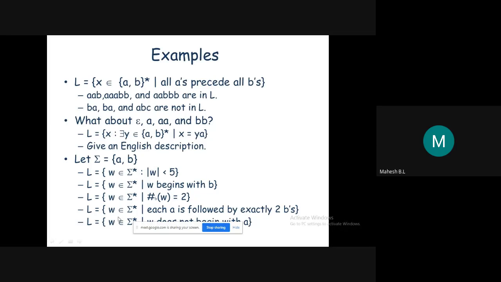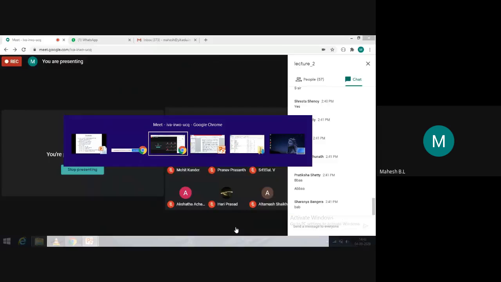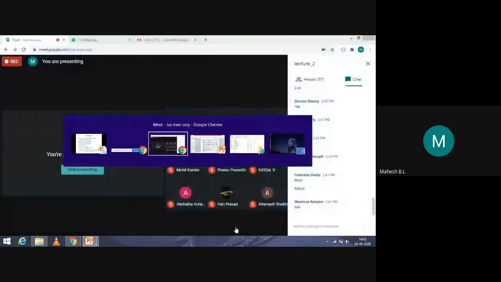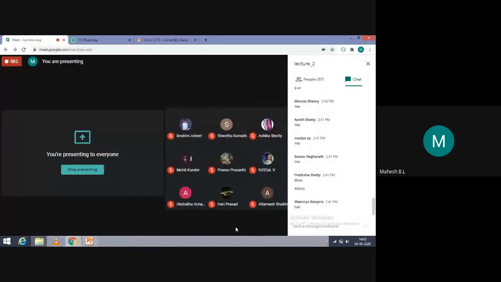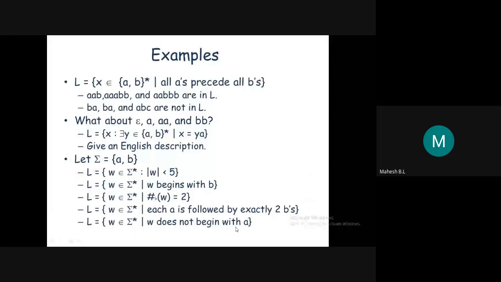Next one, L is equal to W belongs to sigma star, each A is followed by exactly two B's.